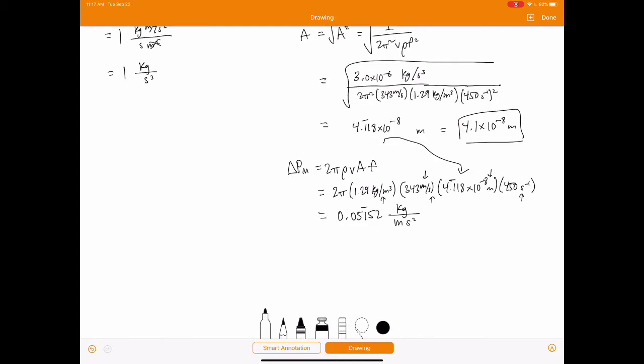Now, I showed earlier that this is equivalent to a pascal, so I'm not going to do that again. And when we round it, we get 0.052 pascals, which again is a tiny little change in pressure. Remember, 1 atmosphere of pressure is something like 10 to the 5 pascals. So this is less than 1 pascal, much, much less than 1 pascal. And we're able to detect that tiny little variation in pressure.